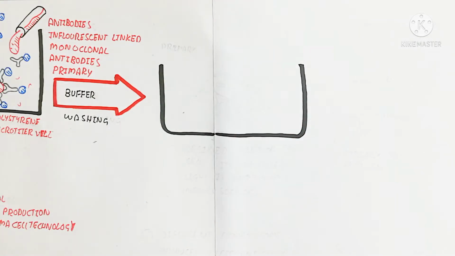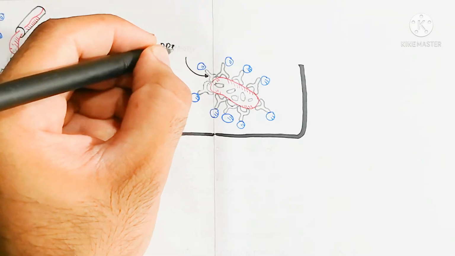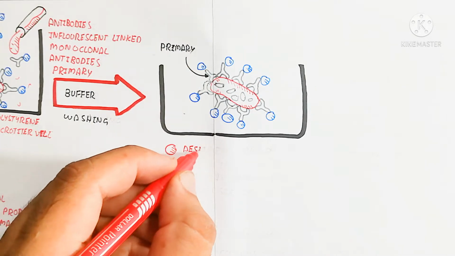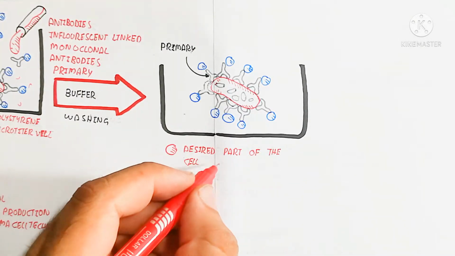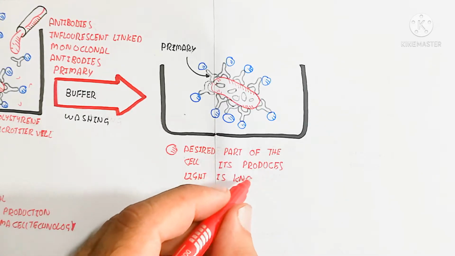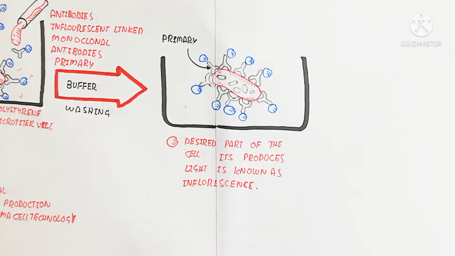The antibodies against the mitochondria will bind with the mitochondria as primary antibodies, which are attached with the immunofluorescent color, after the staining. The desired part of the cell produces light, which is known as fluorescence.